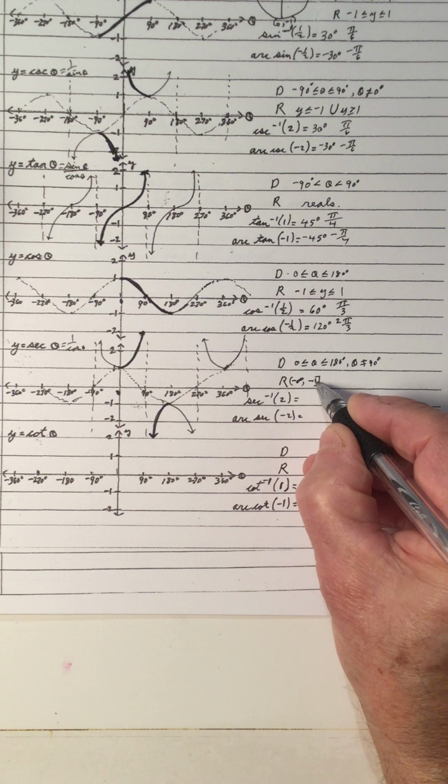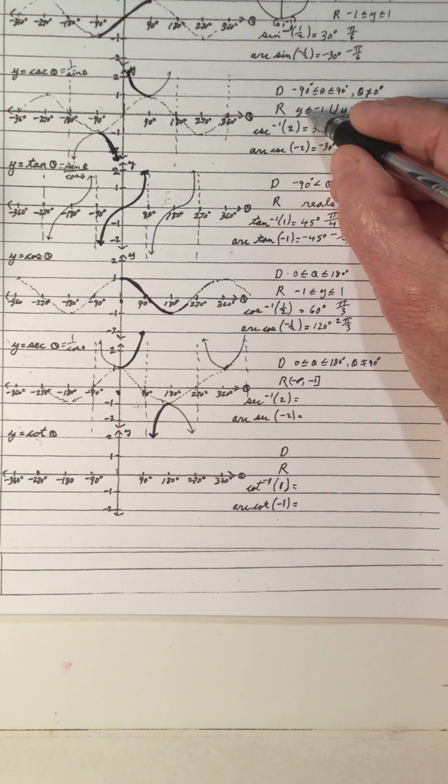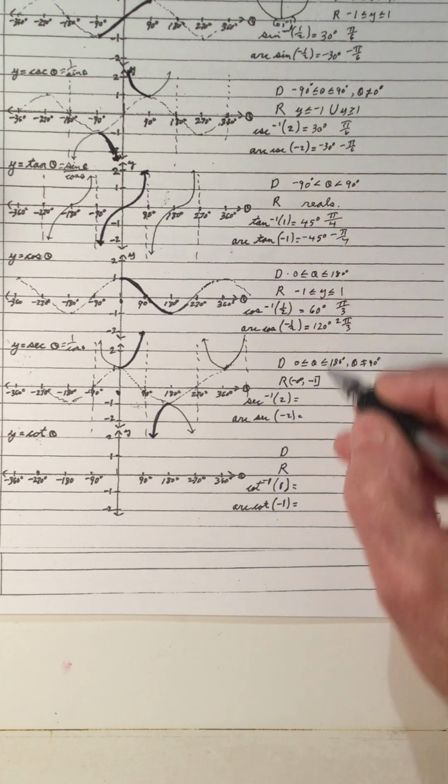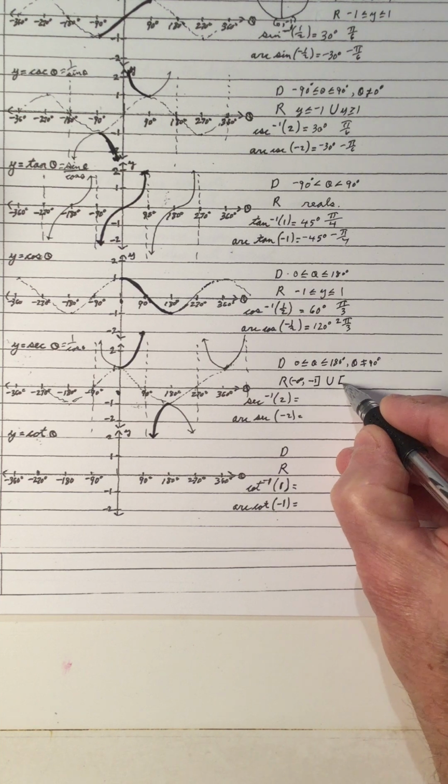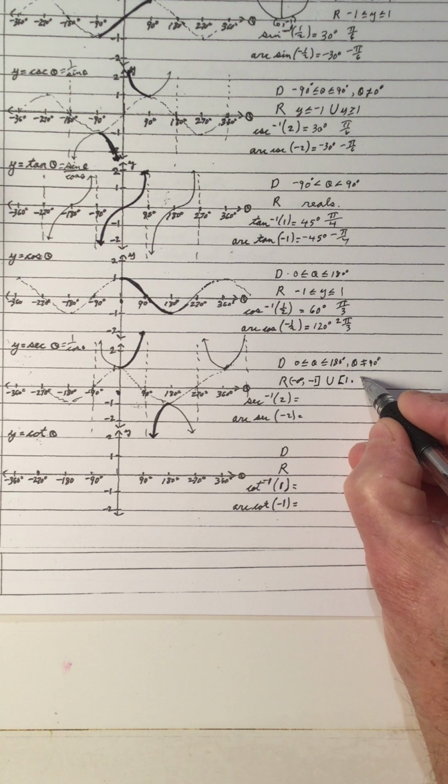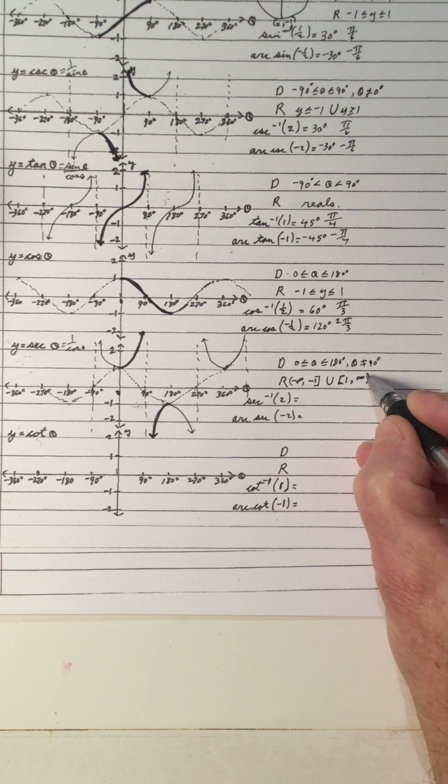In union, it starts at 1, square bracket meaning equal to, going to infinity, and that end is open.